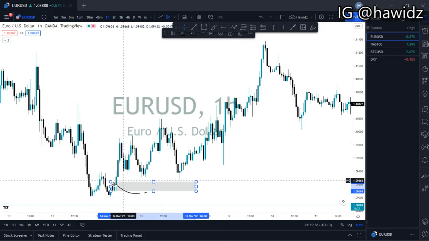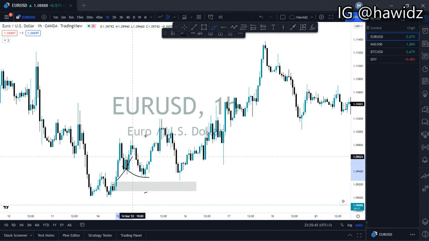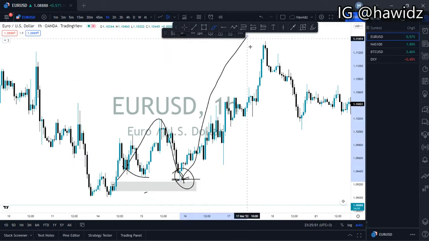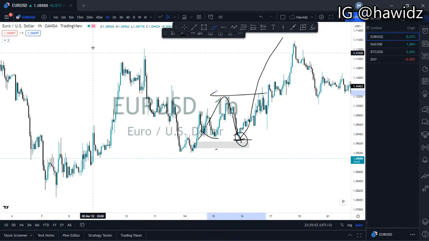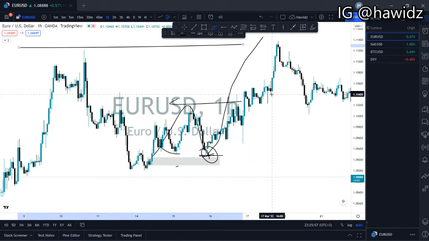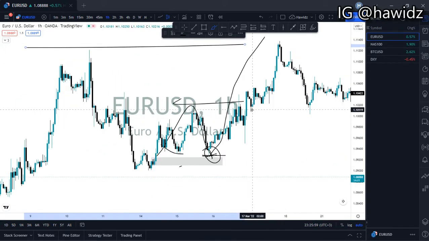You wait for price to do what? As price comes back down, test it, there's your entry, there's your buy entry, and you're looking to take price up to break this structure and probably this structure. So that is simply how we use supply and demand zones to trade.